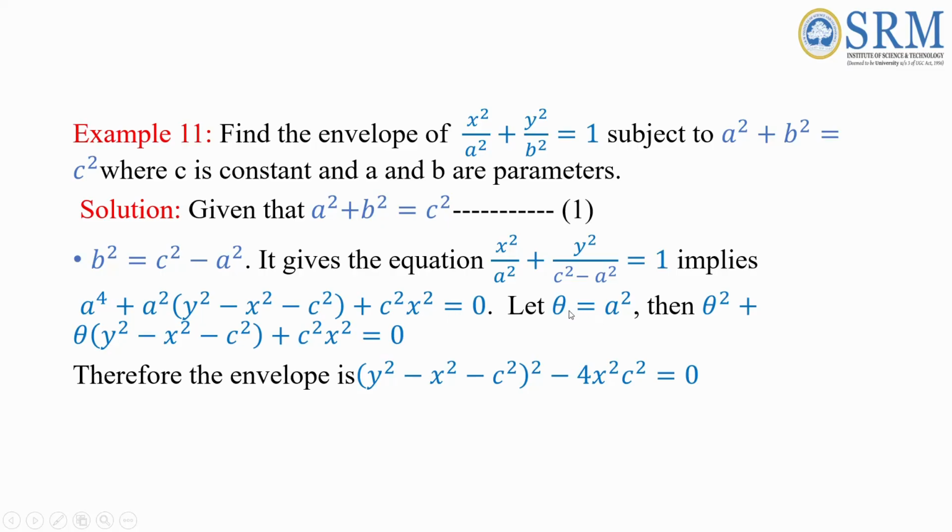Let us assume that θ = a². Therefore, the above expression becomes θ² + θ(y² - x² - c²) + c²x² = 0.